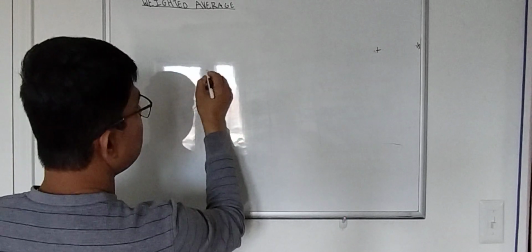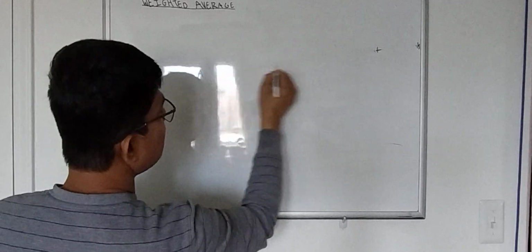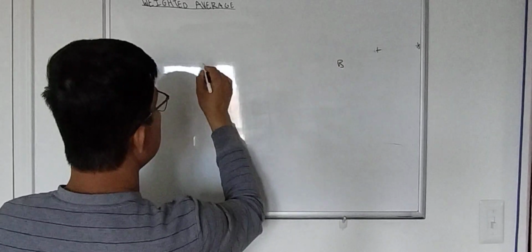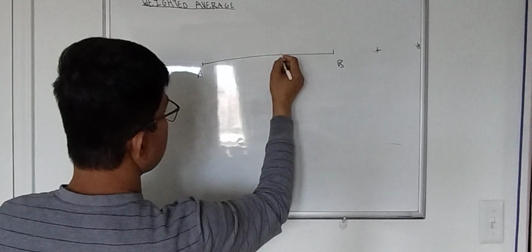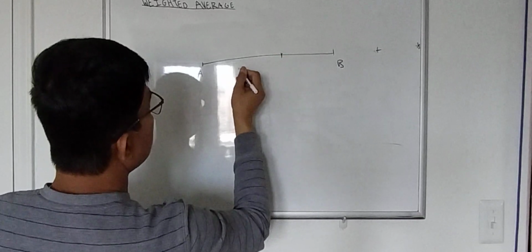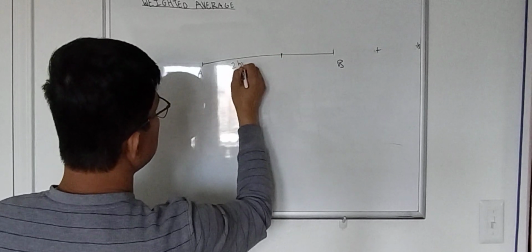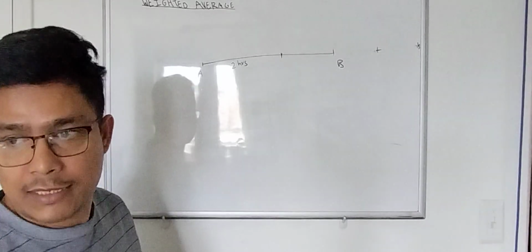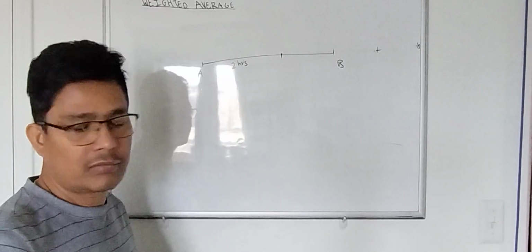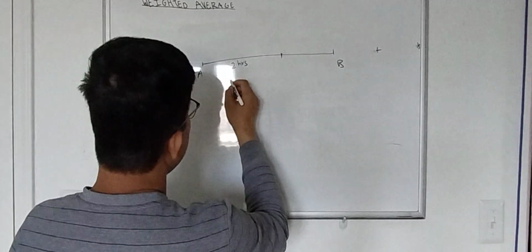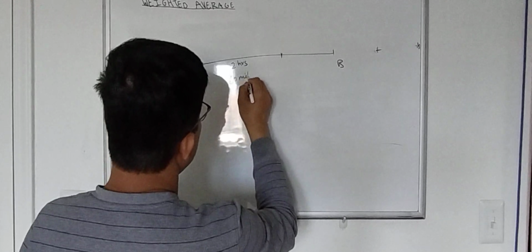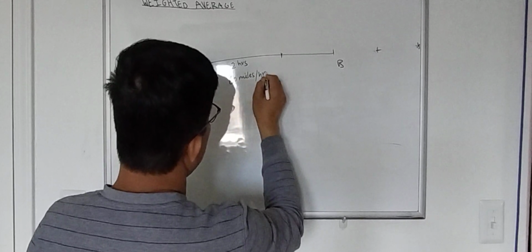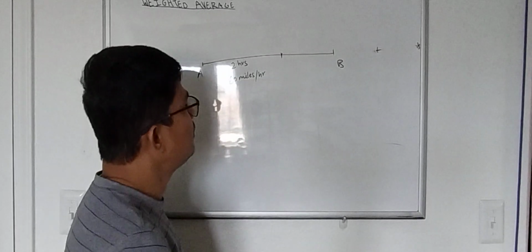So a train is going from place A to place B. For 2 hours, the train traveled at a speed of, let's say, 60 miles per hour. Okay?